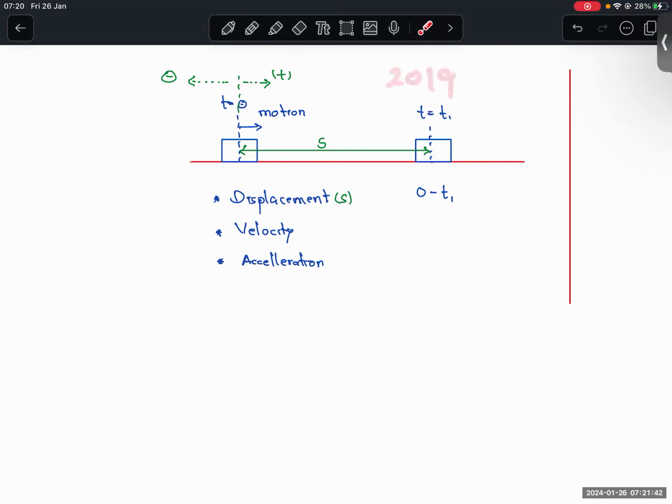If you take the 2019 paper, there is a beautiful question about a displacement-time graph for two cars. That question can be confusing if you don't understand this concept. So the direction of displacement only talks about what? The position, whether it is the right side or left side. Not only right and left, it can be east, west, above, below.